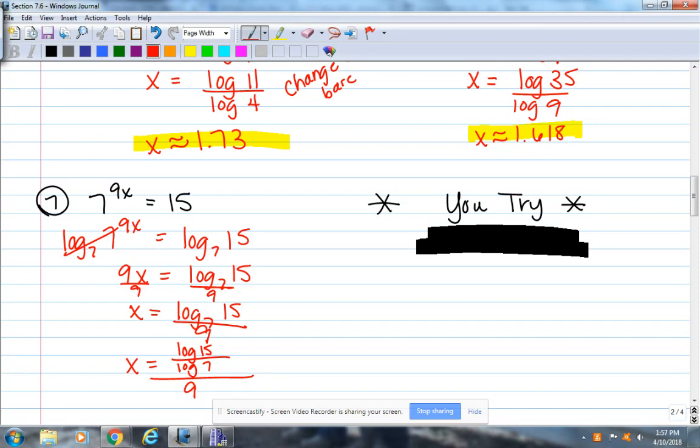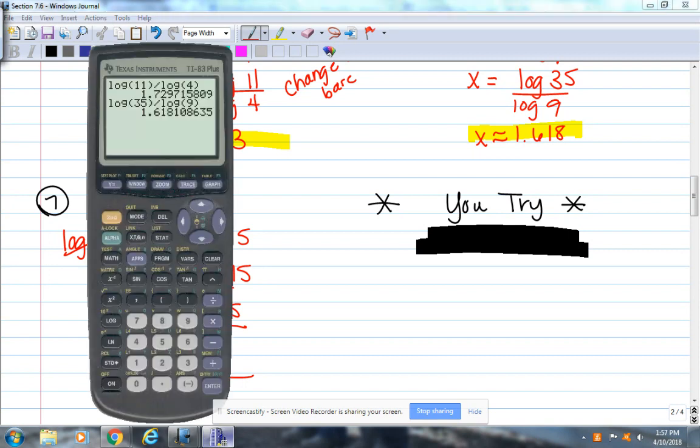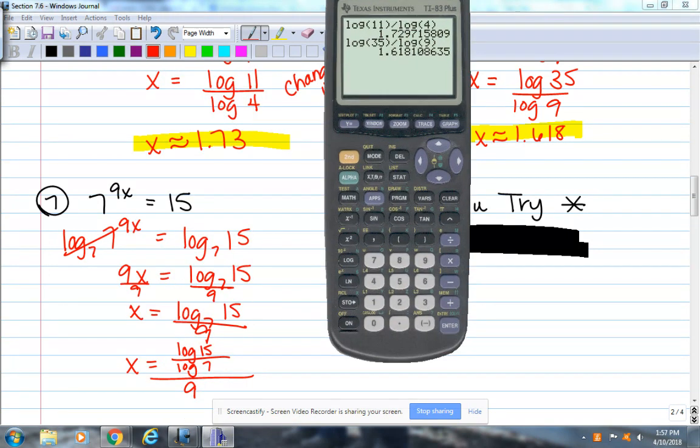Okay? Y'all see that? So we're going to have to do that in our calculator. We're going to do log 15 divided by log 7. Hit enter, and you got a decimal in there. So y'all go ahead and do that and get that decimal, 1.39166, and so on.